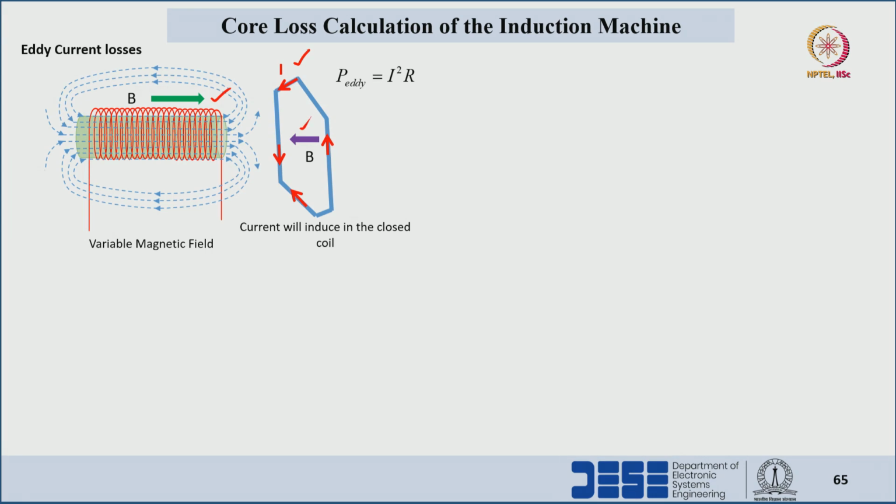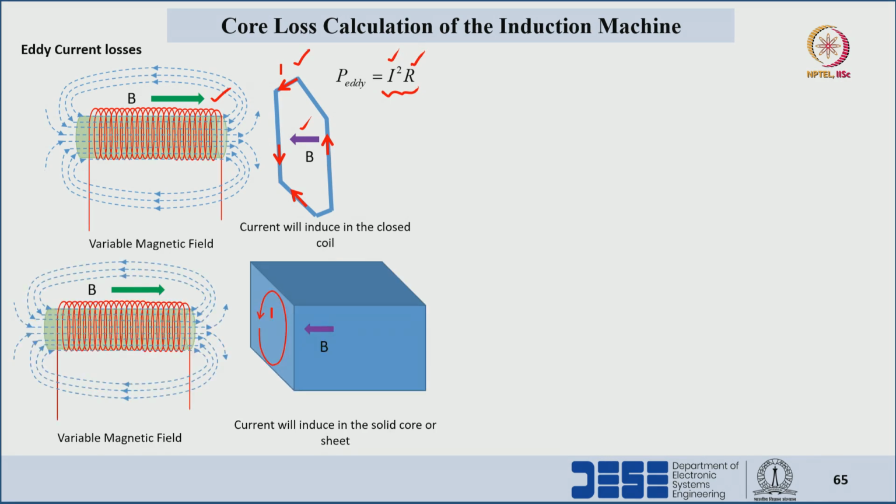So, eddy current losses are equal to I square R loss only. Here the I square term is nothing but the induced current magnitude, and resistance is the resistance of the coil or the core material. The core material also we can consider as a closed path, and there will be an induced current I. Based upon this induced current we will see the I square R loss.